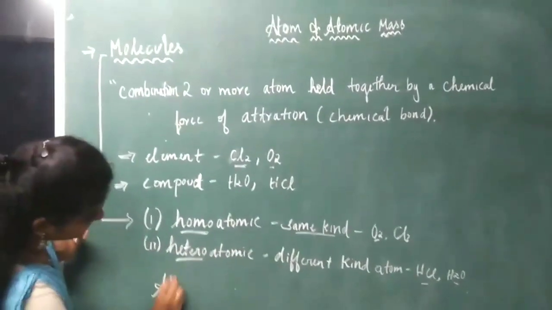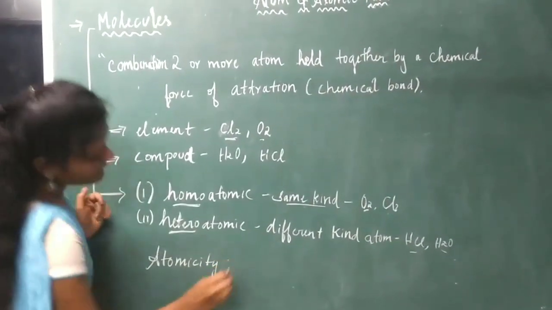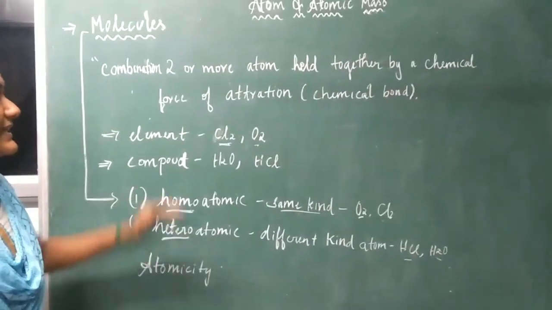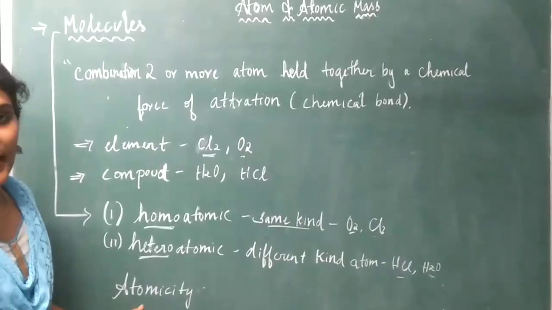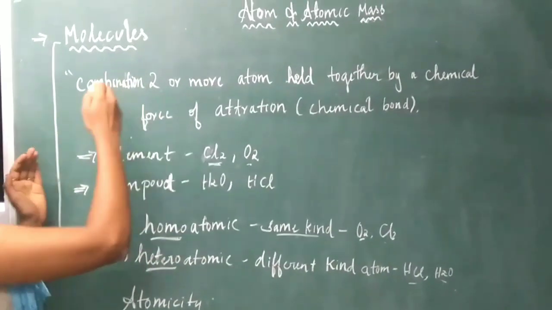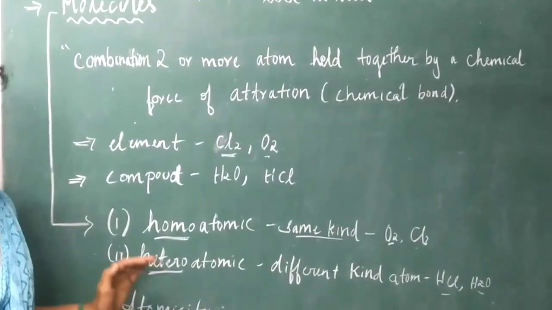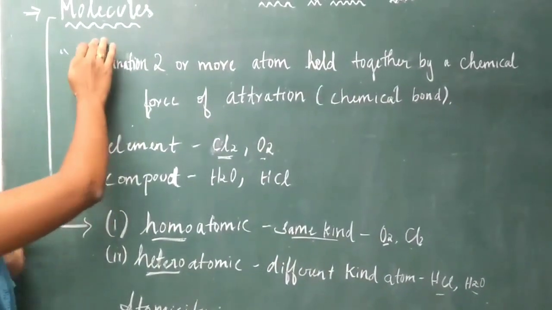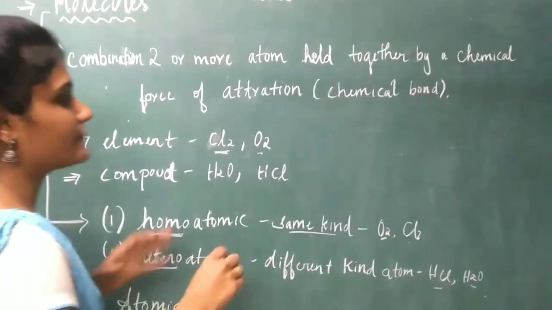Next is atomicity. What is atomicity? The number of atoms present inside the molecule is known as atomicity. Atomicity is of four types.